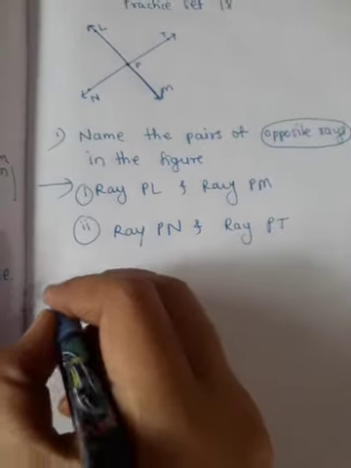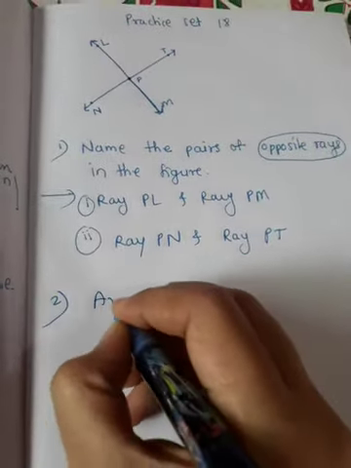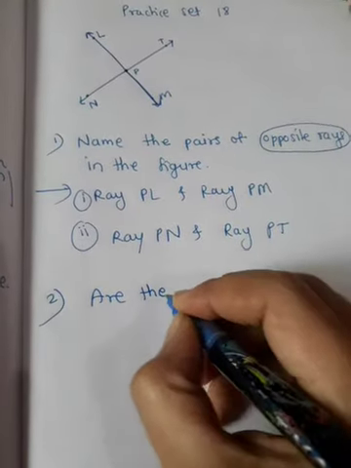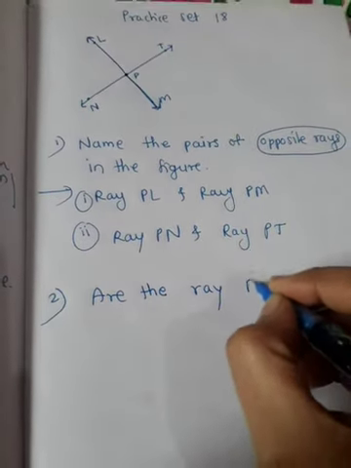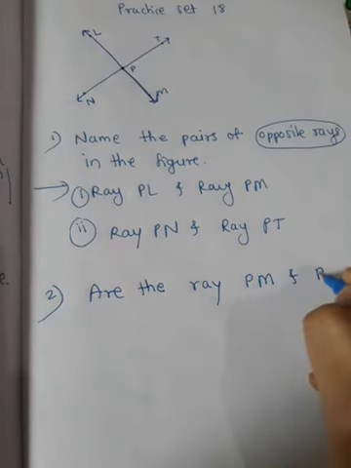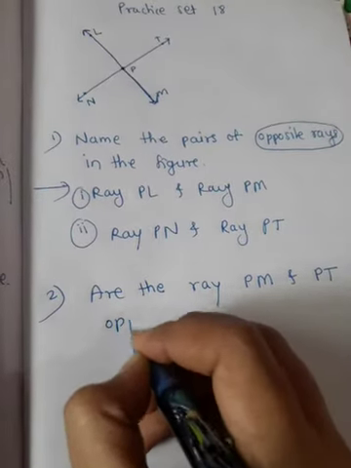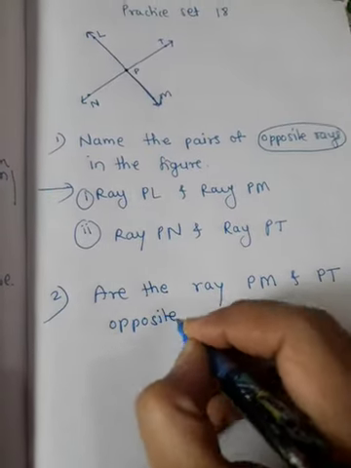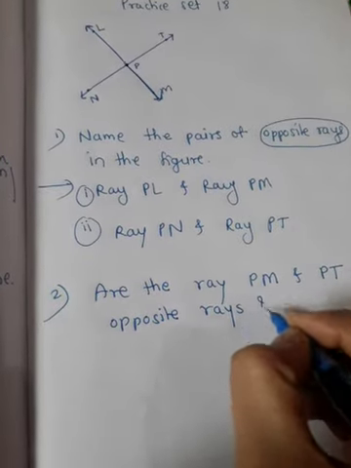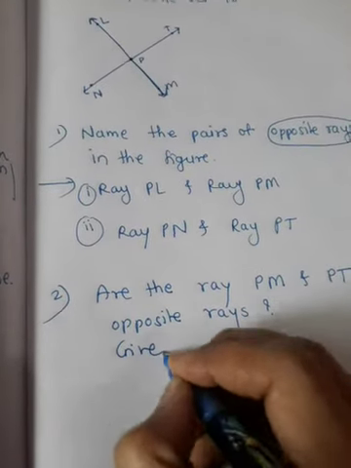Now there is question number 2. Are the rays PM and PT opposite rays? Give reason.